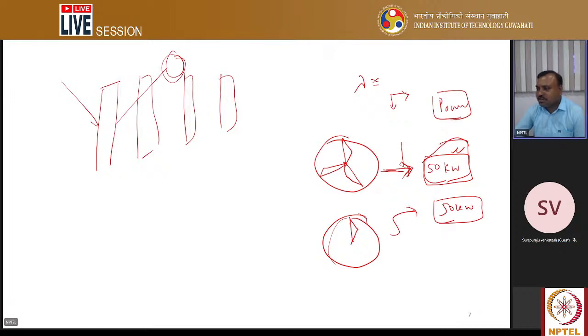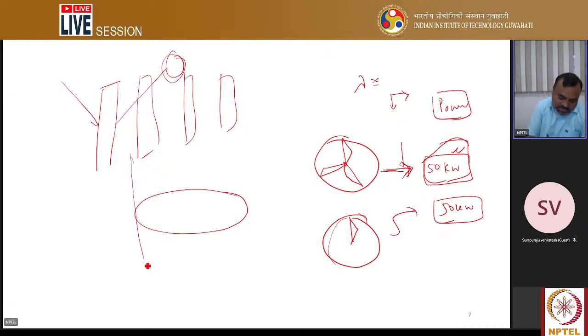What is a nacelle? A nacelle is a platform. This is the nacelle, and this is the hub, so the blades are housed here. These are the blades. This is the nacelle, where we have the generator, plus gear train, and then shaft.